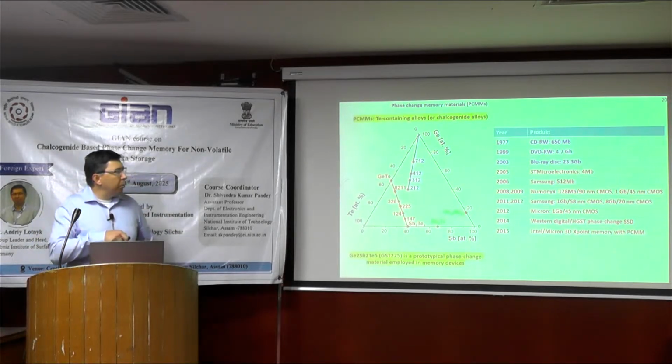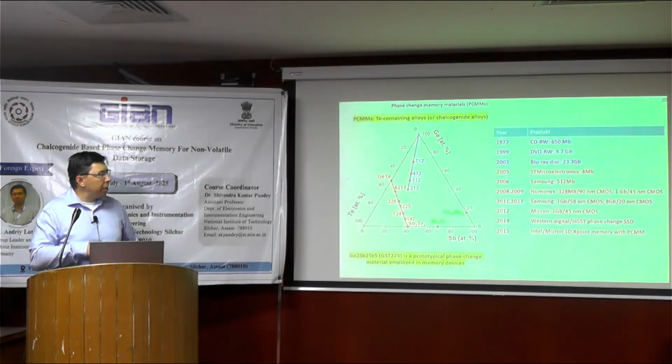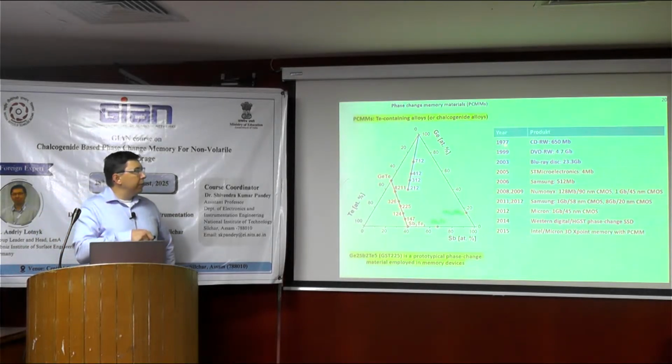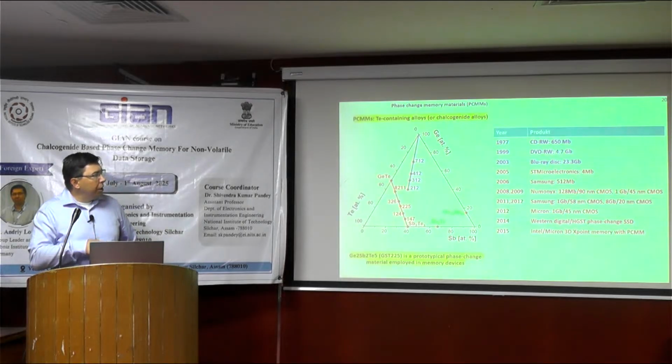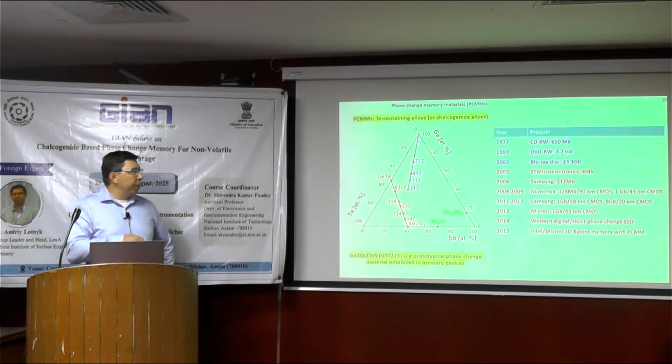So now some history on the products based on phase change memories. As I said before, there was a huge development after the invention in 1968. Then in 1997 there was a first product, a CD-RW, with 650 megabytes. Then 21 years later, there was a development DVD-RW with 4.7 gigabytes.